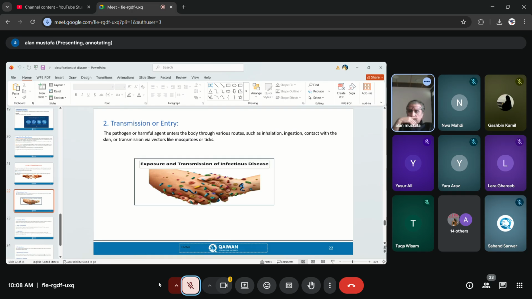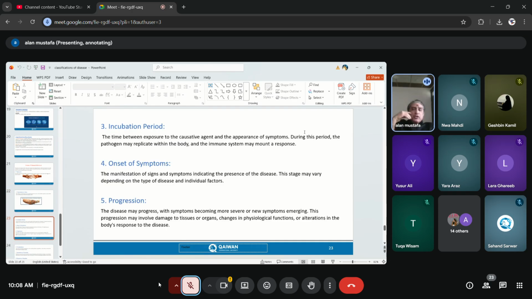Either for example, you inhale the virus, or I have corona, I shake hand with someone, the virus goes to him. I transmit it to him. So this is transmission.